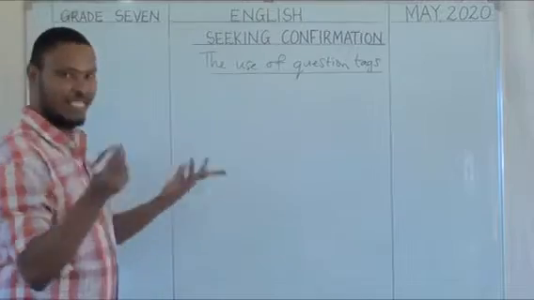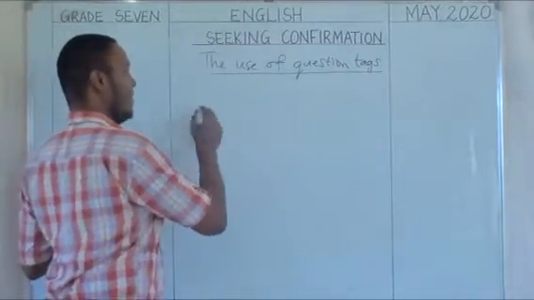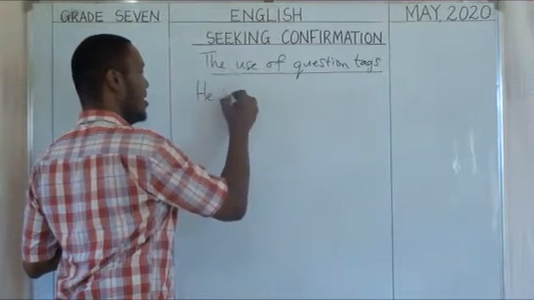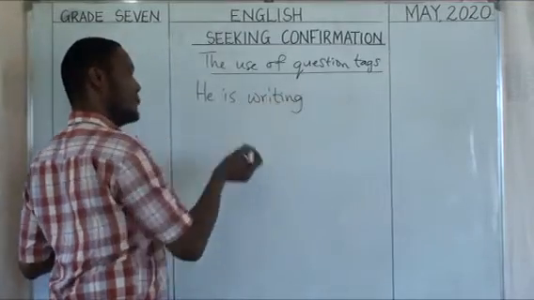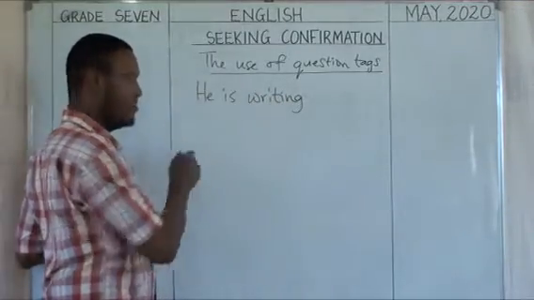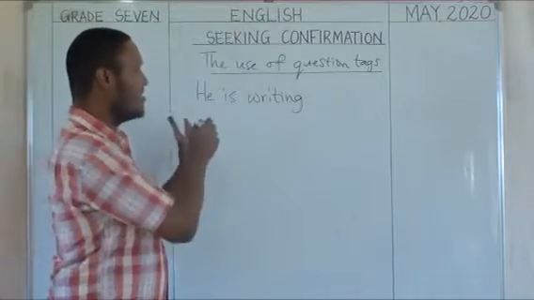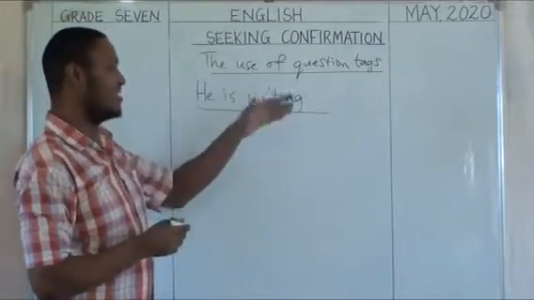So for example, I know you've seen such sentences as: he is writing. He is writing is a telling sentence. It is not a question, it's a telling sentence. But there is a way of turning this sentence into a question.